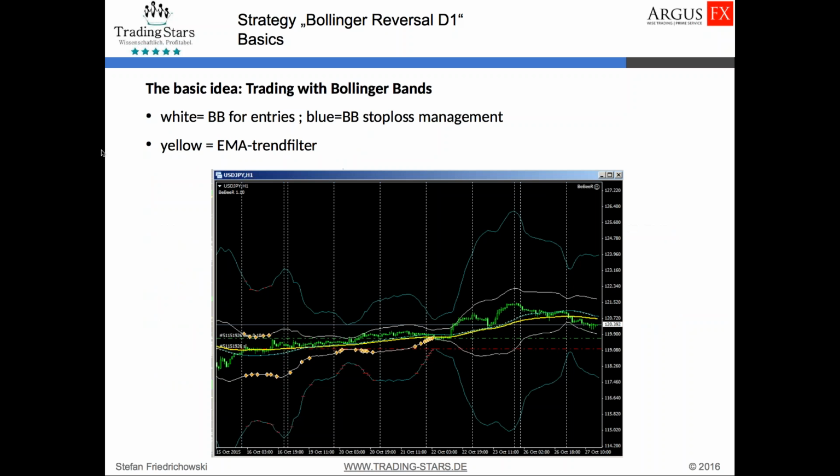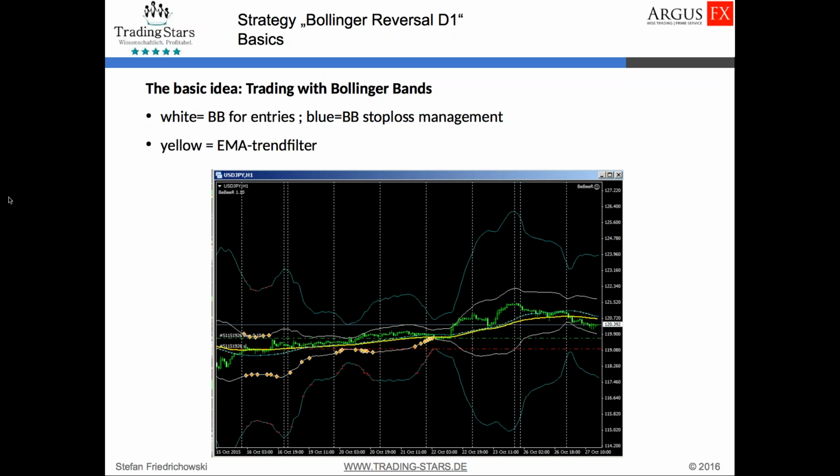In order to show you a little bit how this strategy works, I have here a picture of a chart. In this case, just for illustration reasons, I use US dollar, Japanese yen in an H1 chart, although the strategy is finally running on a D1 basis, but we can run it on an H1 basis as well.